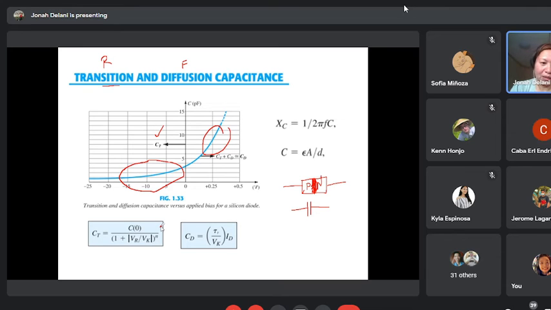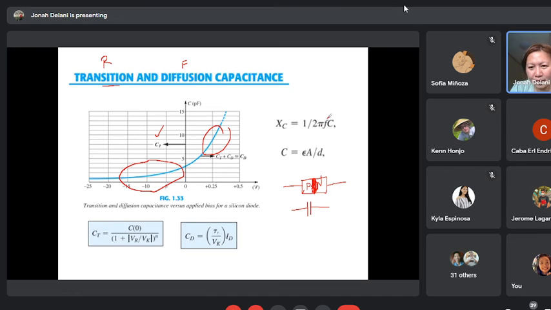I mentioned it at very high frequency, because at very high frequency, the capacitive reactance is equal to 1 over 2 pi fC.